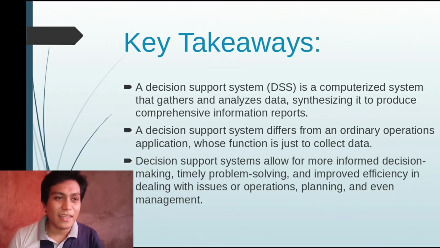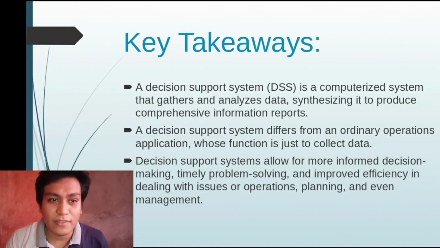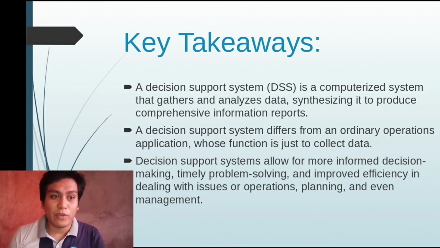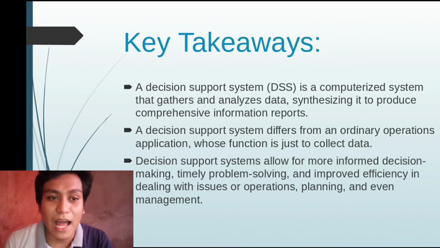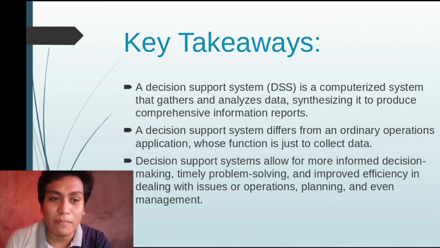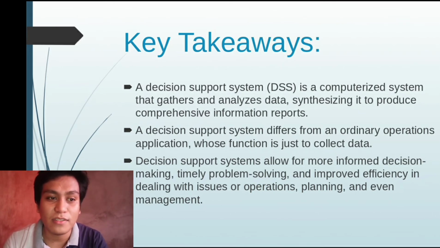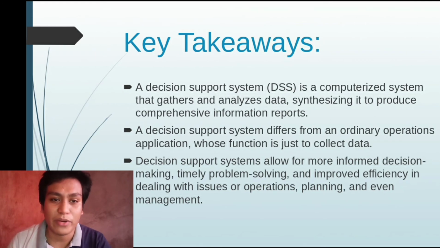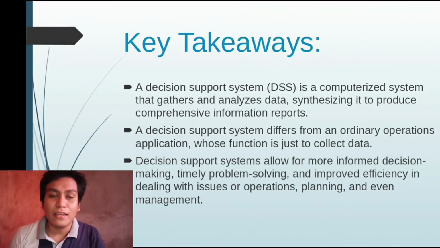Key takeaways. A decision support system is a computerized system that gathers and analyzes data, synthesizing it to produce comprehensive information reports. A decision support system differs from the ordinary operations application, whose function is just to collect data. Decision support systems allow for more informed decision making, timely problem solving, and improve efficiency in dealing with issues or operations, planning, and even management.